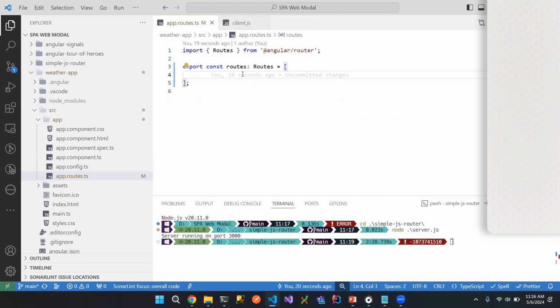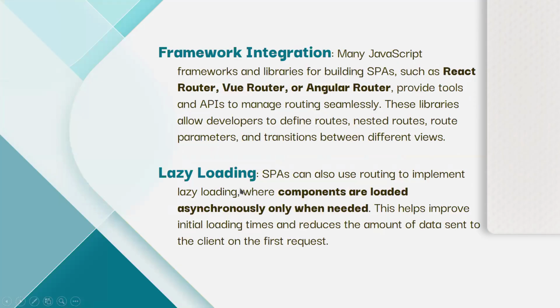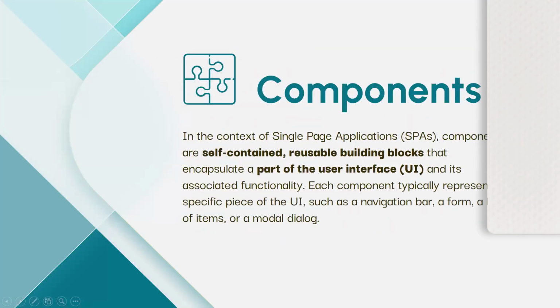So in Angular, let's go to the slides a little bit before going forward. I have to tell you guys what the component is. It is the same thing like what I showed you in the simple JavaScript router, where it is a way of encapsulating all your JavaScript, CSS, and HTML for a single page.